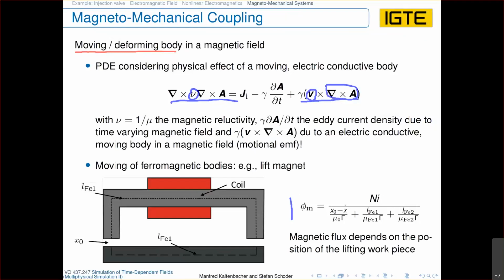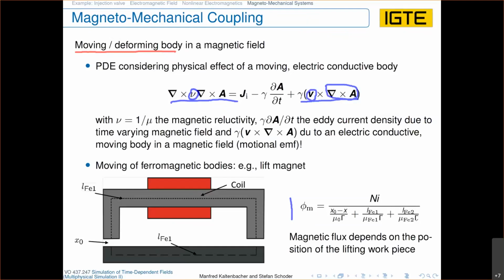And what we have here are just the magnetic resistances you have in air, you have within the ferromagnetic part, which is this part here, and the second one, which is levitated, which would be this part here.